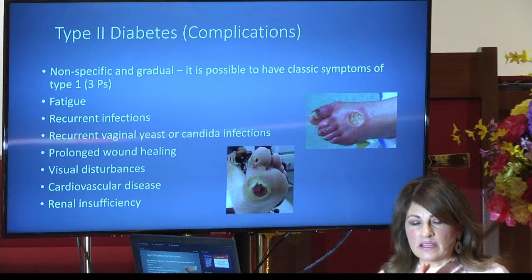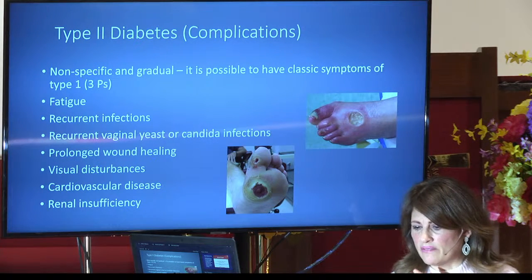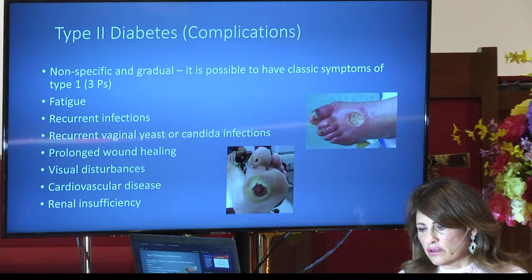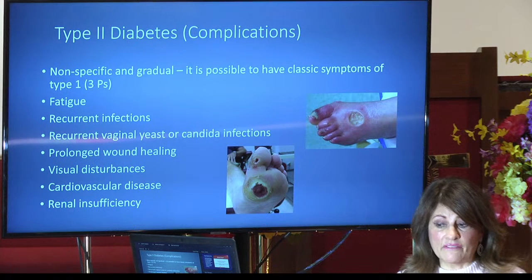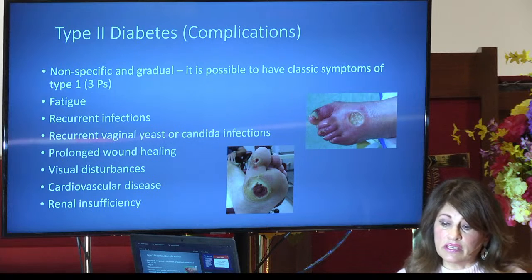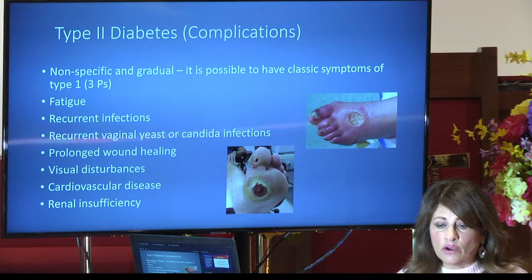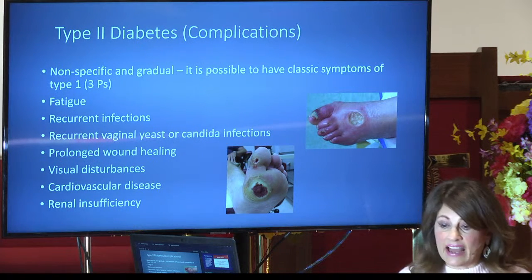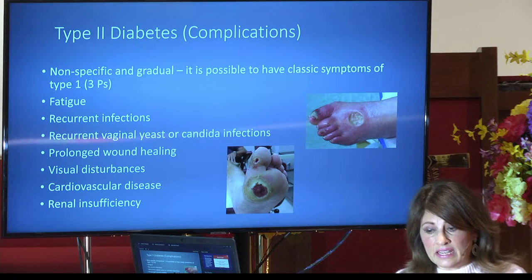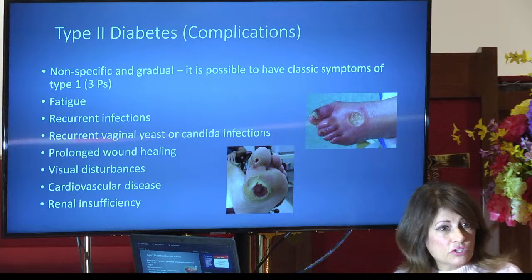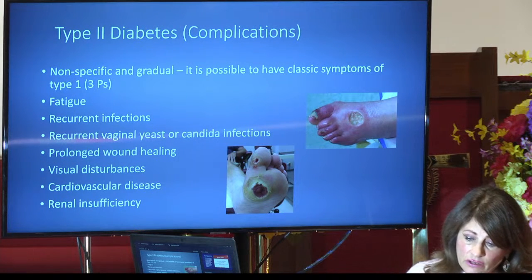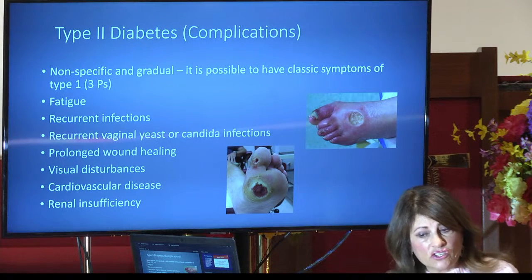Type 2 diabetes complications. So you have a venous ulcer and a stasis ulcer. These are different types of ulcers. They're nonspecific and gradual. It is possible to have classic symptoms from the 3 Ps, and these complications come: fatigue, recurrent infections, recurrent vaginal yeast or candida infections, prolonged wound healing, visual disturbances, cardiovascular disease, renal insufficiency.